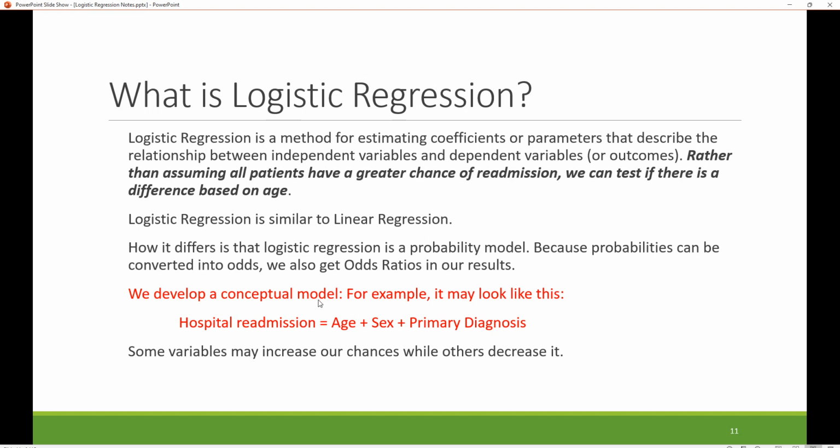In some things I've seen, age increases chances of readmission, but for other things it may actually decrease it. Once we enter our different factors into a formula that predicts the probability of readmission, it gives us an idea of the direction of the relationship between our factors on the right side and our outcome on the left side.